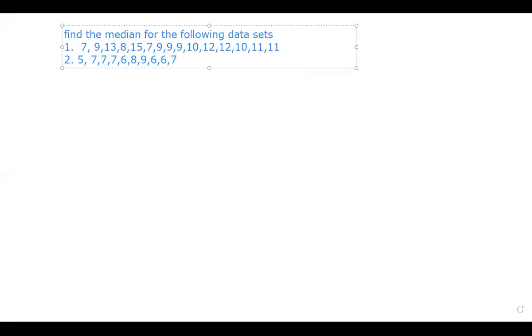Let's try these examples. We want to find the median for the given data sets. Try these 2 for me. Document all steps because I will take each step when we are discussing it.